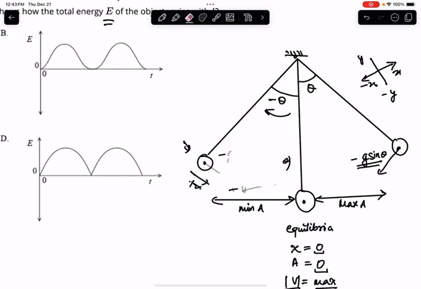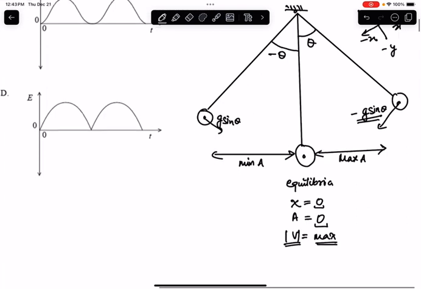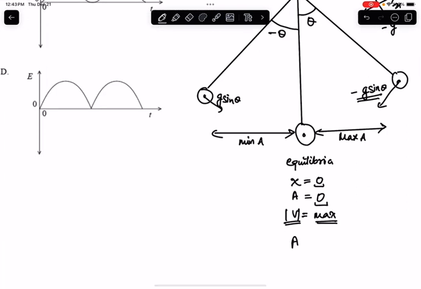So the main thing we get from this is that the net force in a simple pendulum motion comes from this value of g sine theta, which we have calculated in our concept videos. When you reach the equilibrium position, the acceleration becomes negative g sine of theta.